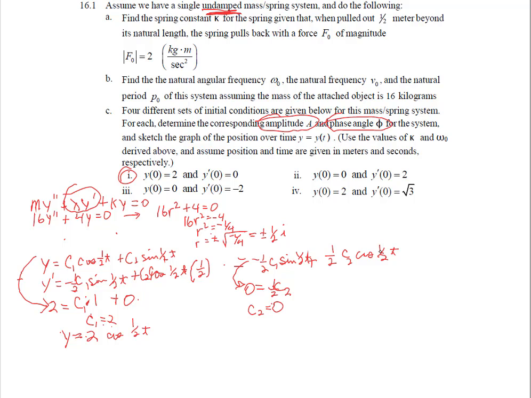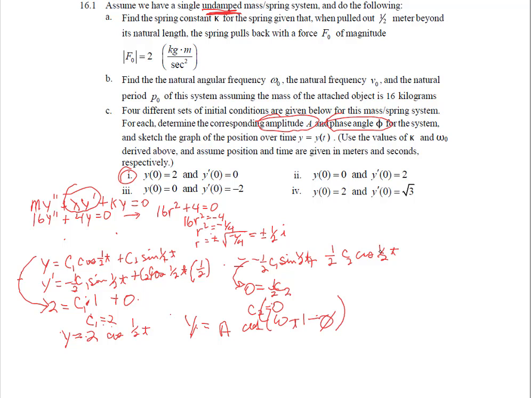So there is that. Now, we don't really need to do anything to this, because it's already in the right format. To find the amplitude and the phase angle, we need this in the form of y equals a cosine omega t minus, not plus, phi.